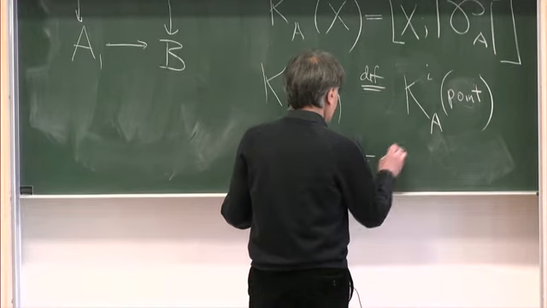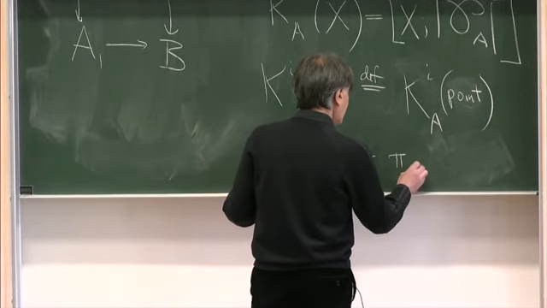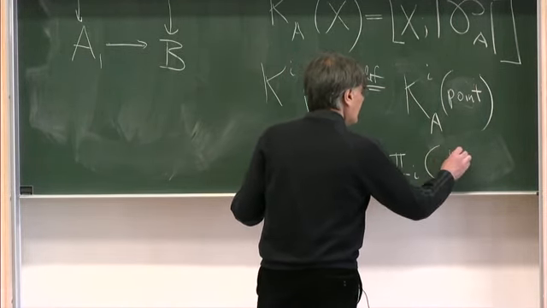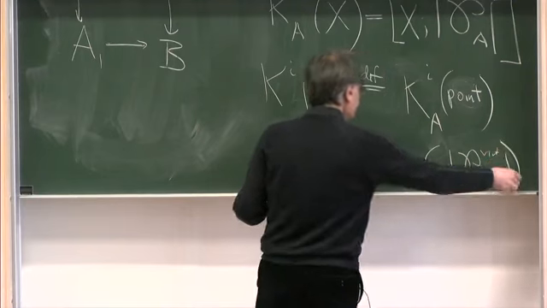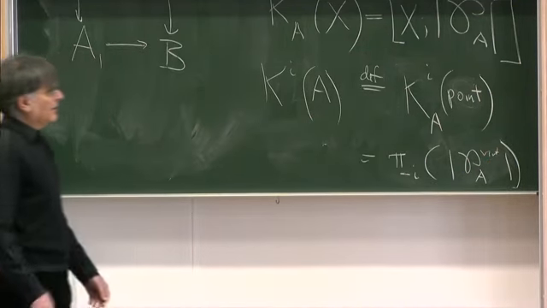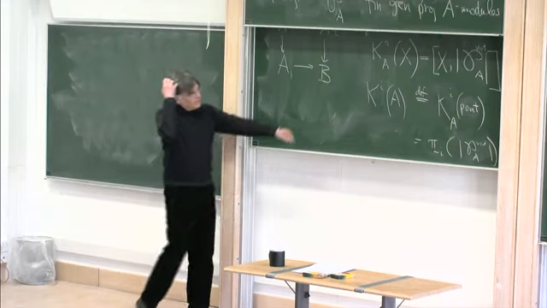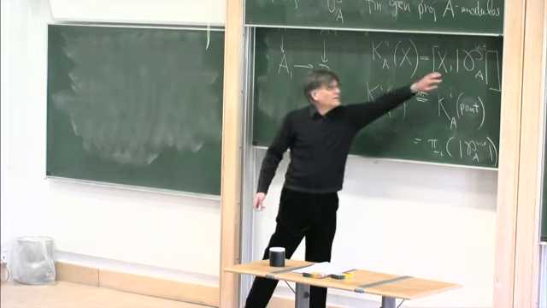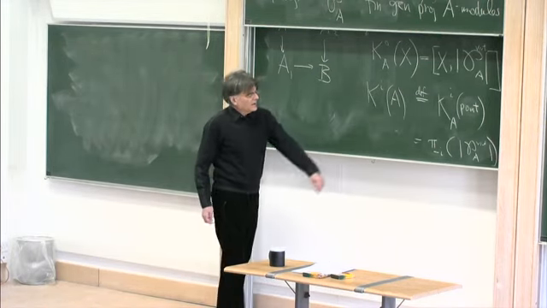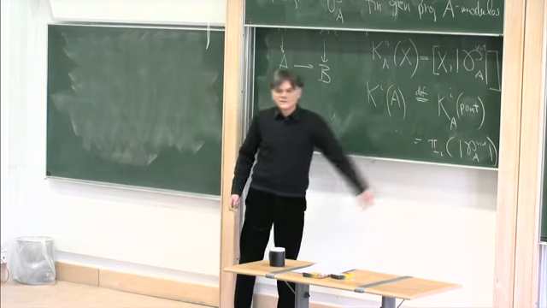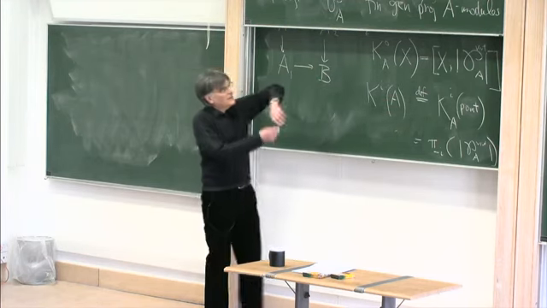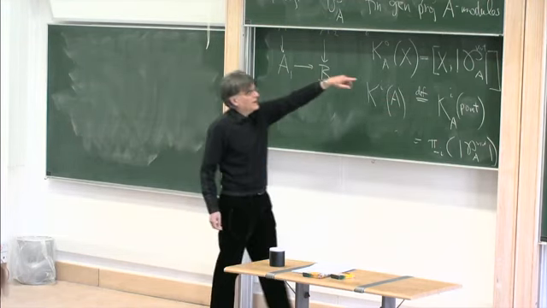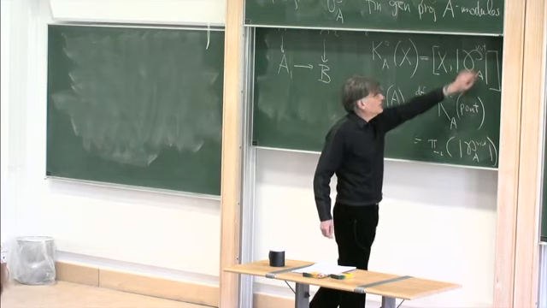In other words, as pi_{-i} of this space. And you see, while we could define a string of groups with the homotopy groups of this, in order to get this defined in all dimensions, we need, again, some analog of the periodicity, some way of de-looping this space. We need to make this into a spectrum.